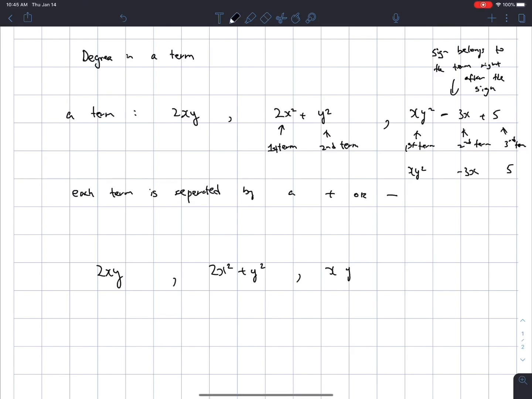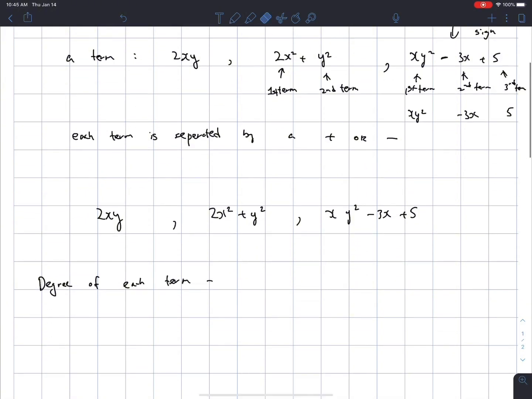The degree of each term equals the sum of the variable exponents in each term.